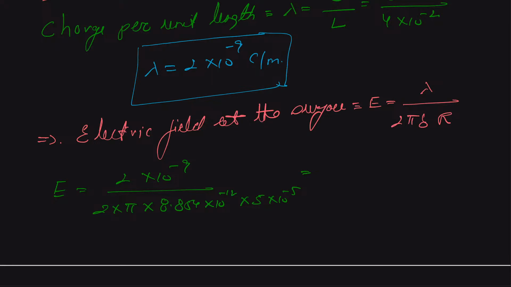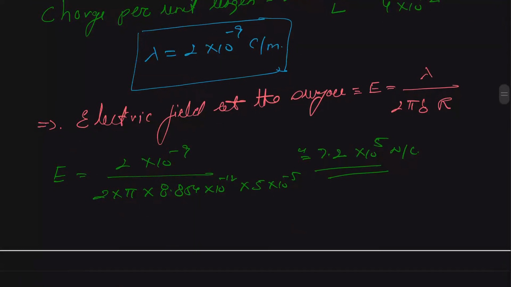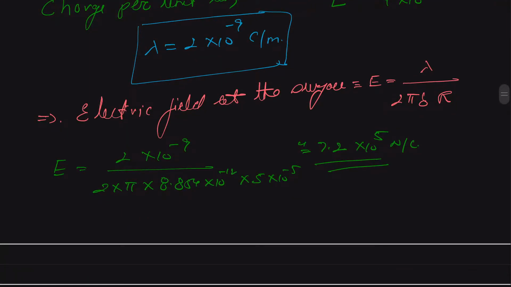So this gives us that the value of electric field is approximately equal to 7.2 into 10 to the power 5 Newton per coulomb. And this is the electric field in the rest frame, because rest frame basically means that the electrons are moving, our filament is stationary.